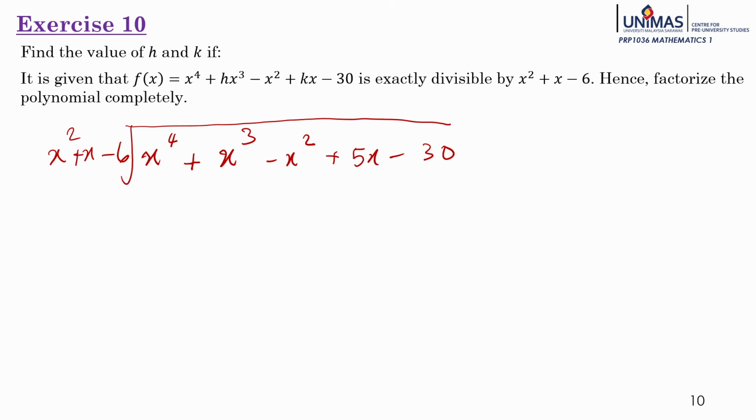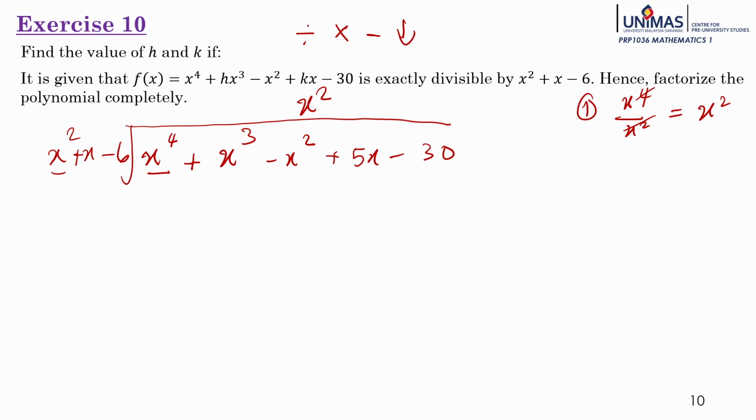Remember the method: divide, times, minus, put down. So divide first. x to the power of 4 divided by x squared means we can get x squared.